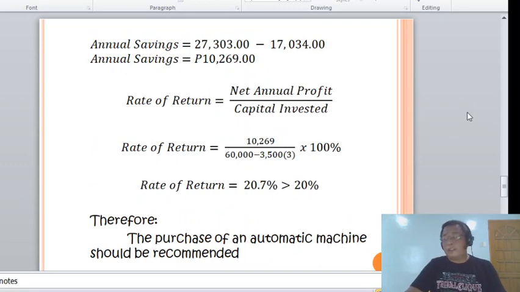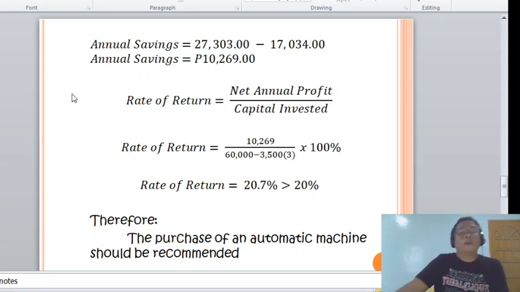Let us now consider the annual savings. The annual savings is the annual cost of the old machines, 27,303, minus the cost of the new machine, 17,034. So the annual savings is 10,269. Let us now compute the rate of return.